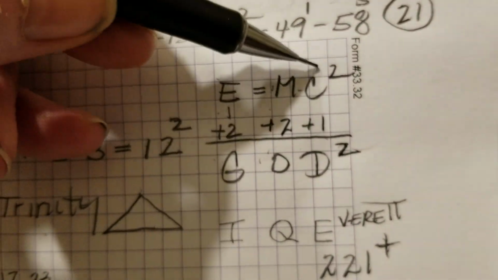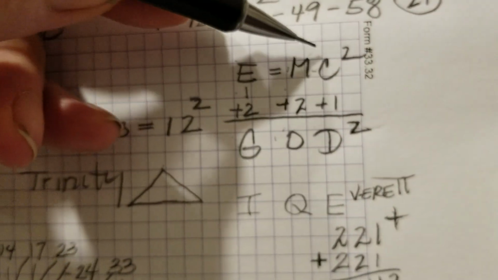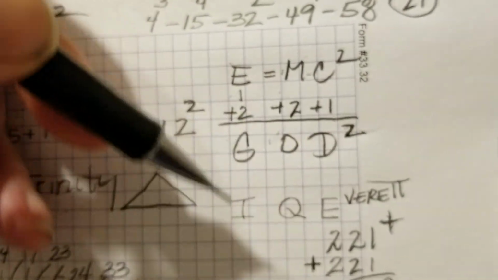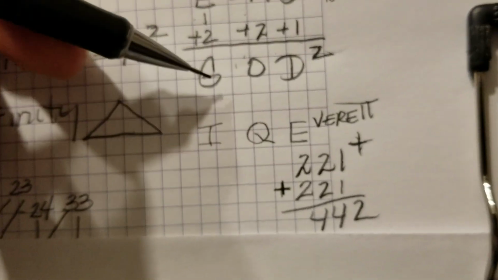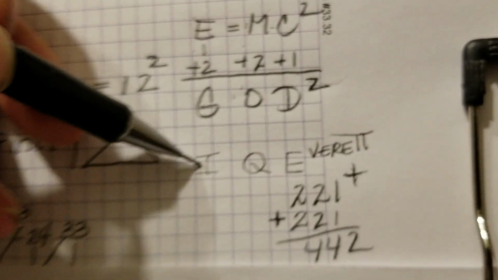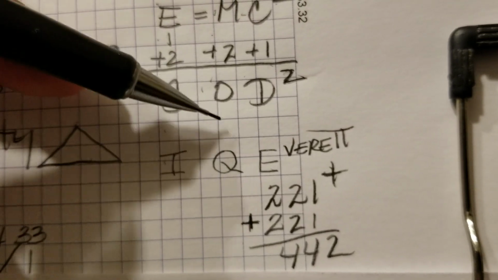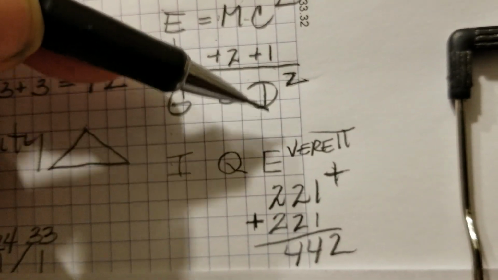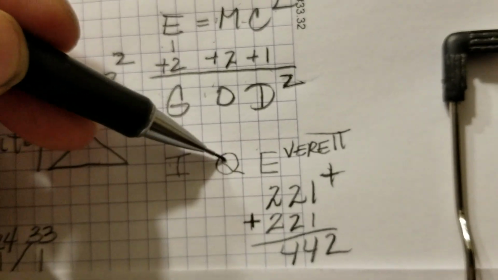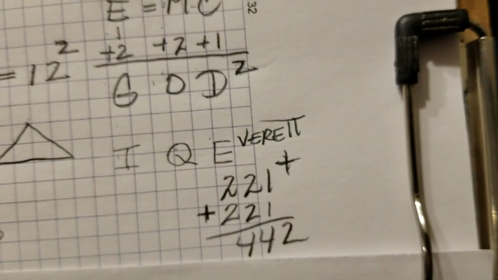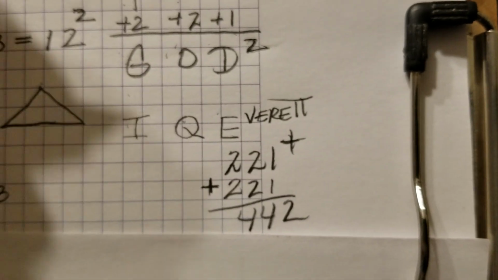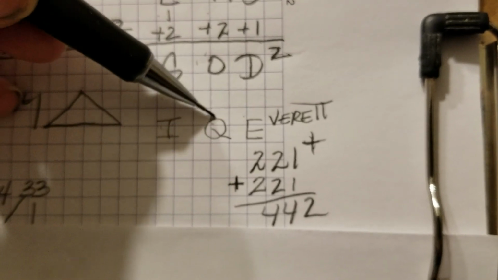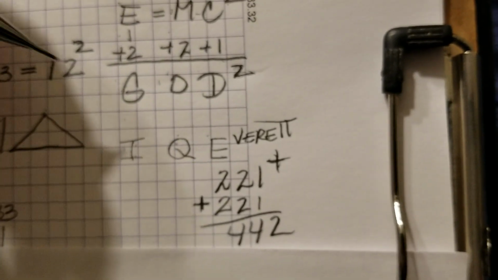Now, if we take E equals MC squared, and we just did it once, let's do it twice. Let's extract some more information. So G, H, I, O, P, Q, and D is just one, so D to an E. I, Q. And then you have a letter E. Most people understand IQ is in reference to a person's intelligence.